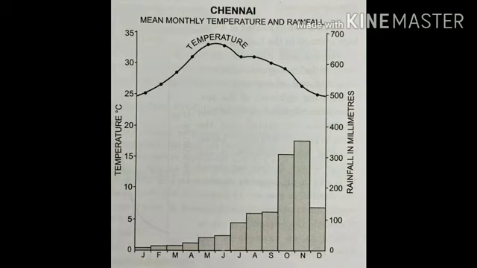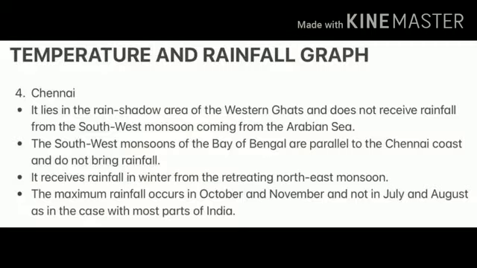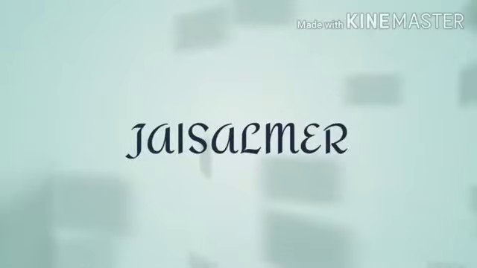The retreating northeast monsoon winds pick up moisture while flowing over the Bay of Bengal and bring rainfall to Chennai in winter after striking against the Western Ghats. Thus, the maximum rainfall occurs in October and November and not in July and August as is the case in most parts of India. Next, Jaisalmer.